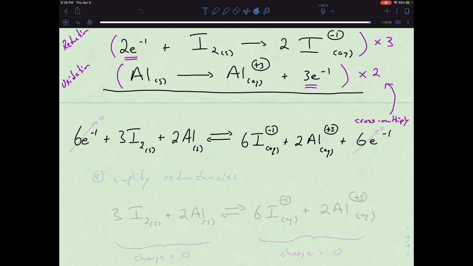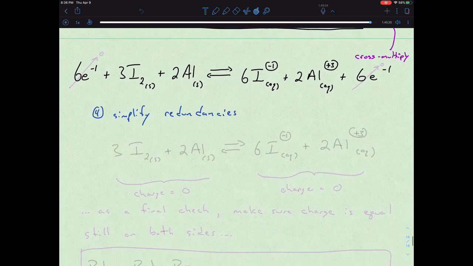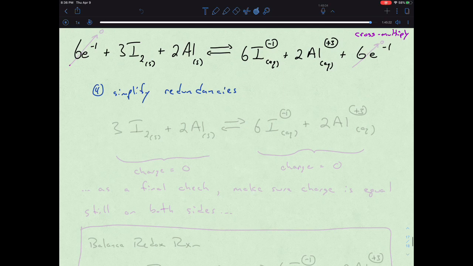we need to simplify the redundancies. And if we look at the redundancies, we can see those in terms of things that we find on both sides. So our 6 electrons would go to 0 because we also have 6 electrons on the right side.